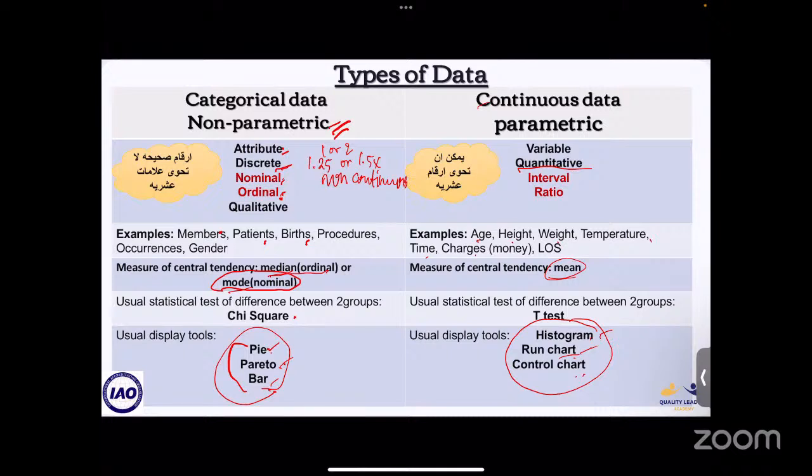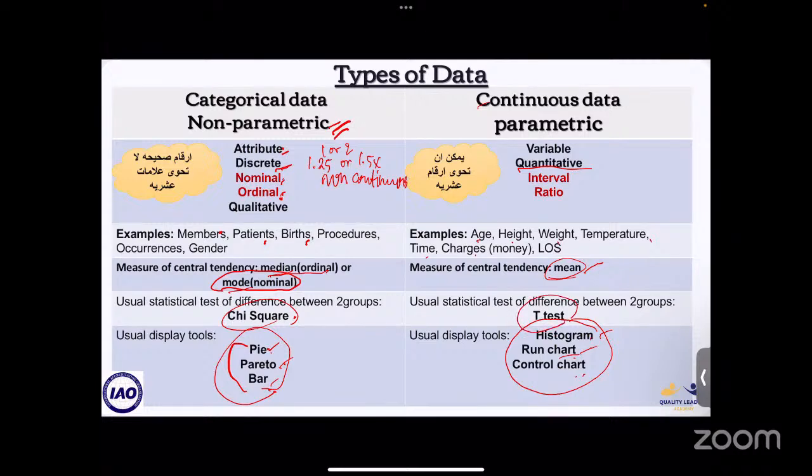Tools like the chi-square test and bar charts are commonly used. Continuous or parametric data is used for measurable variables, where calculations like the mean and statistical tests like the t-test or ANOVA come into play.